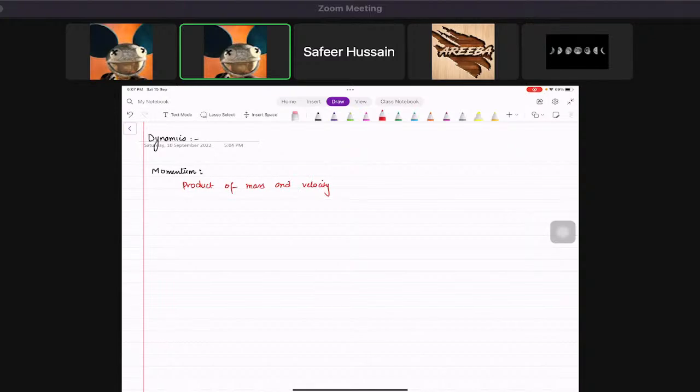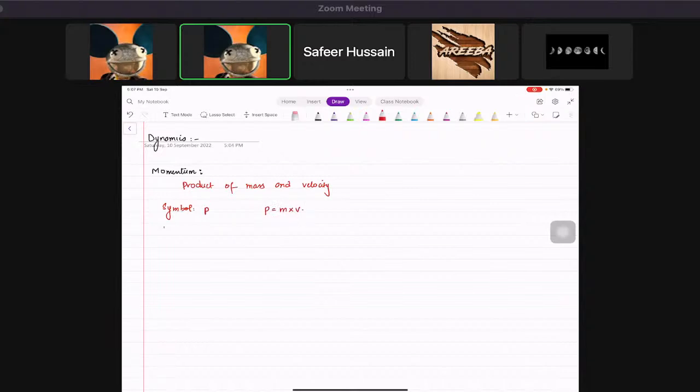When you talk about momentum, the symbol that we use is P, and the formula is momentum is mass times velocity.